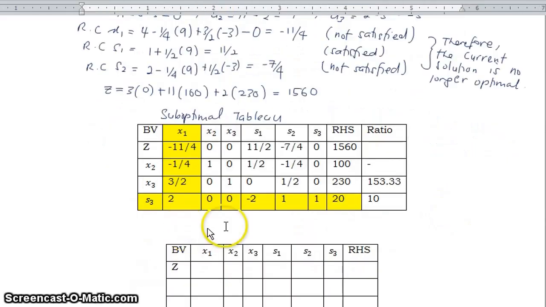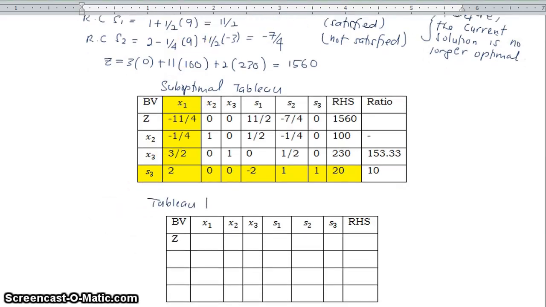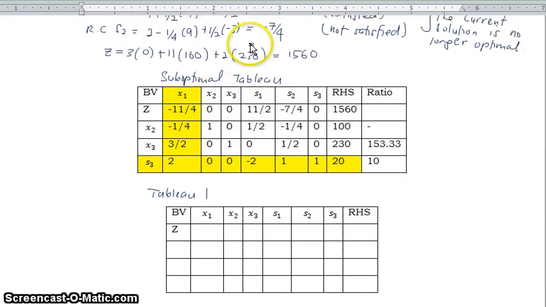Now, update the tableau. We call this tableau 1. We have a new basic variable in row 3, which is x1. We want to make sure the coefficient of x1 only exists in row 3, and the coefficient of x1 in row 3 is 1.